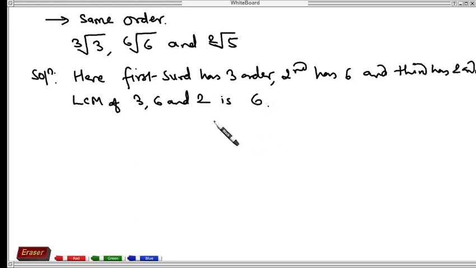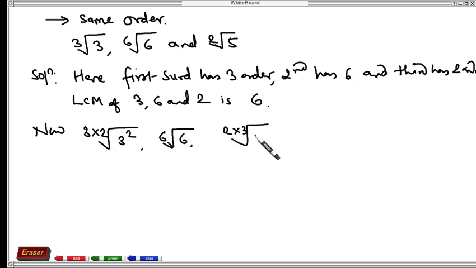Now we should make every order 6. So for 3, multiply by 2 and raise the power to 2. The second is 6 itself, because it already has order 6. For the third, 2 times 3, multiply the order by 3 and raise the power to 3.